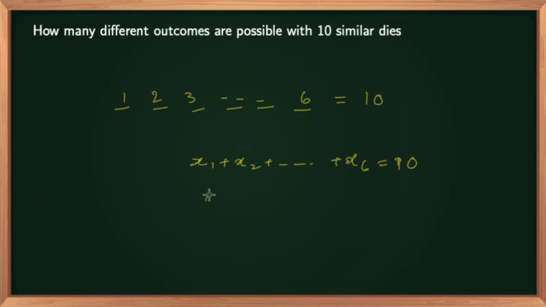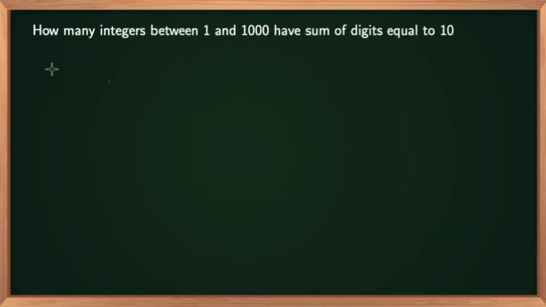Now that is equivalent to n is equal to 10, r is equal to 6, and hence the total number of possibilities is given by n plus r minus 1 c n, or n plus r minus 1 c r minus 1, which is equal to 15 c 5.